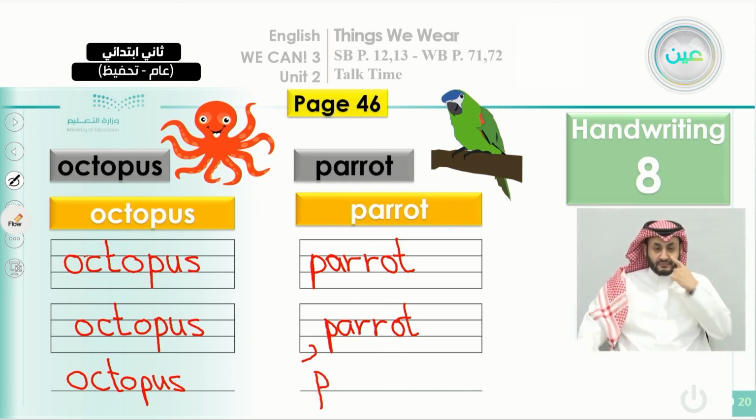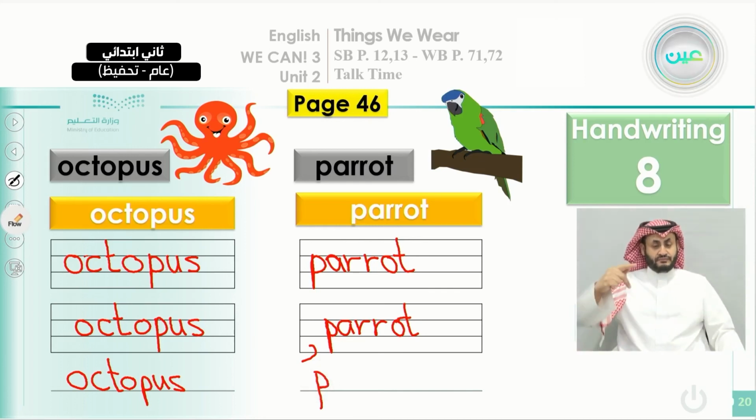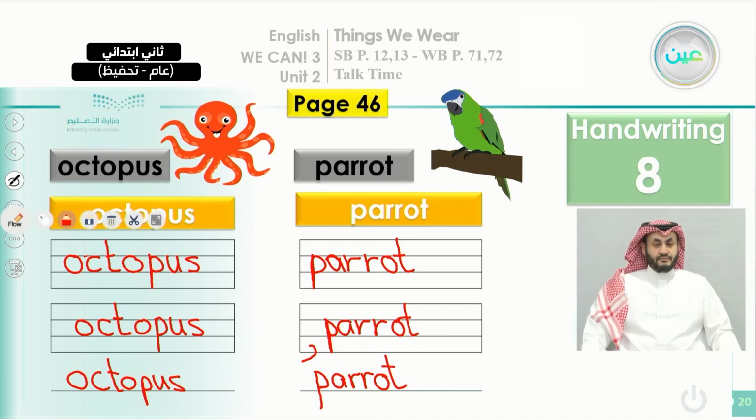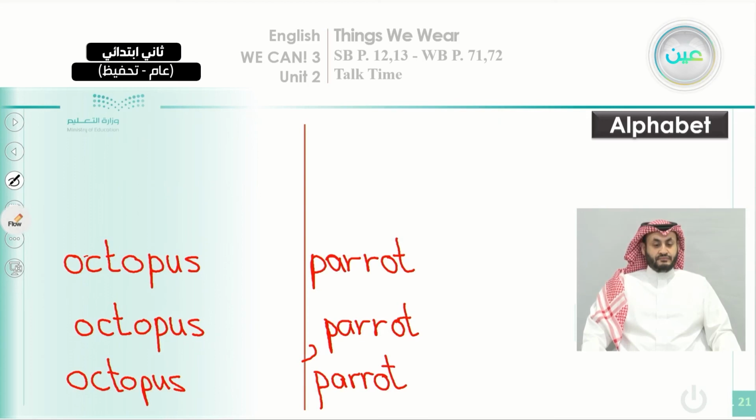As we said before, P, G, J, Q, and Y, all these five letters are hanging, so they go down the line. So you say P, A, double R, O, T. This is how we write parrot.